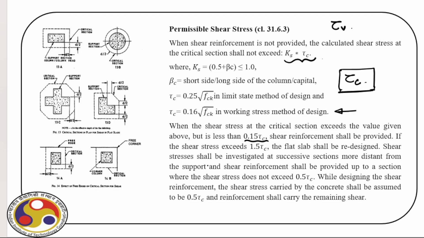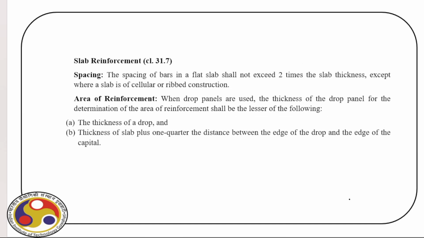Shear stress shall be investigated at successive sections more distant from the support, and shear reinforcement shall be provided up to a section where the shear stress does not exceed 0.5 tau C. While designing the shear reinforcement, the shear stress carried by the concrete shall be assumed to be 0.5 tau C, and the reinforcement shall carry the remaining shear. Right? Okay, so then comes the slab reinforcement, which is given in clause 31.7.